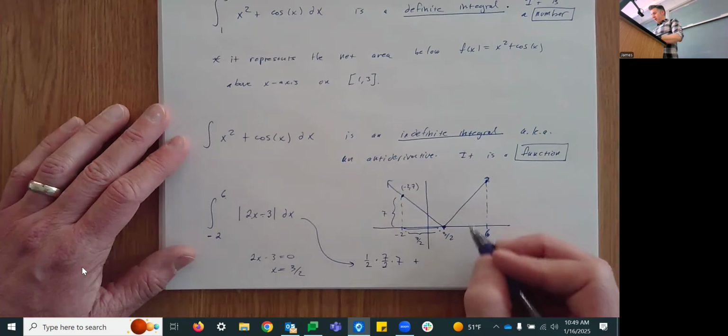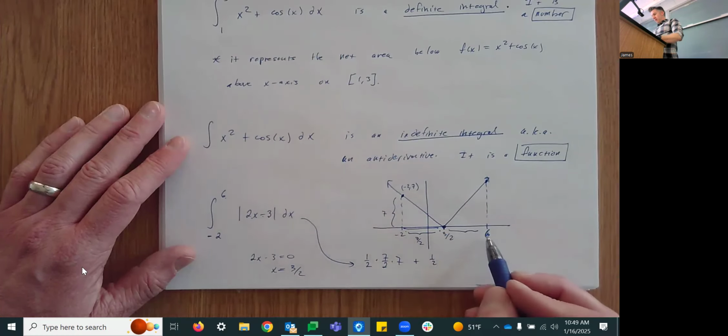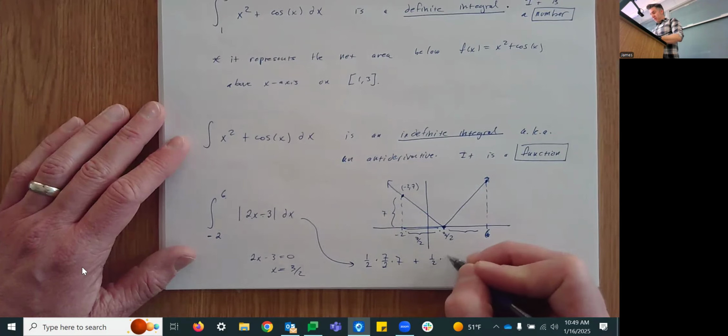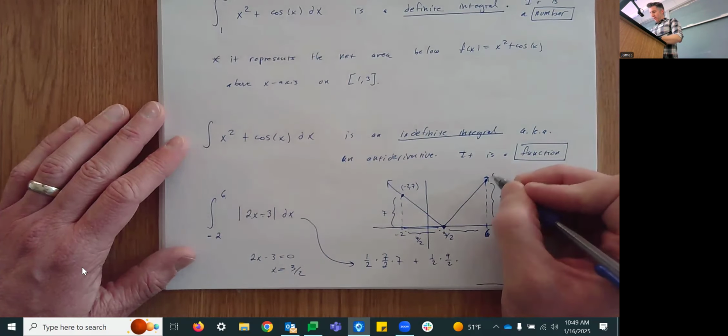Plus this area here, which is again 1/2 times the base, which is 6 minus 3/2, which is 12/2 minus 3/2, which is 9/2, times the height, which we said was 9, even though I forgot to label it.